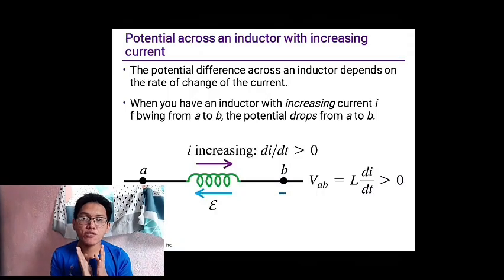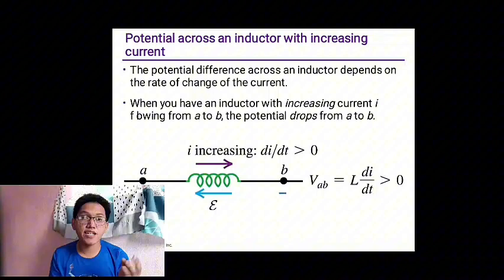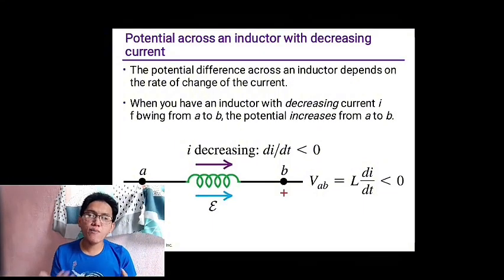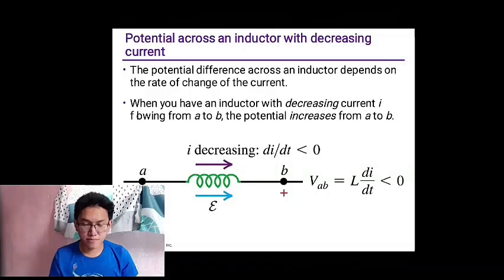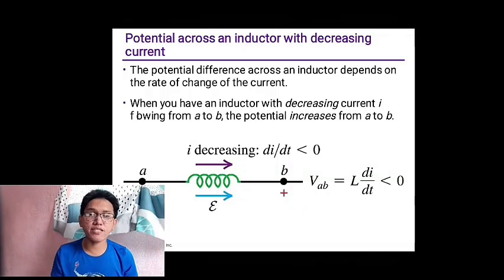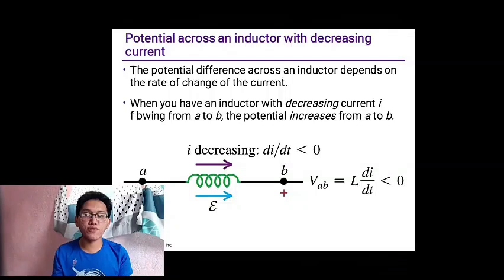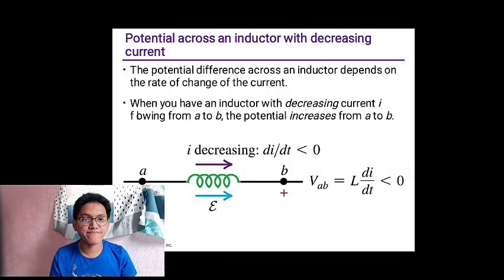This means the potential drops in the direction of the current flow. How about the inductor with decreasing current? When the current is decreasing, the inductor attempts to maintain the current by producing a potential difference in the opposite direction. This causes the potential to increase in the direction of flow.